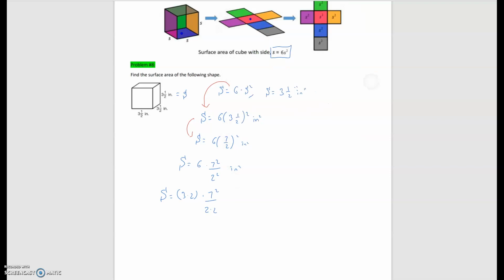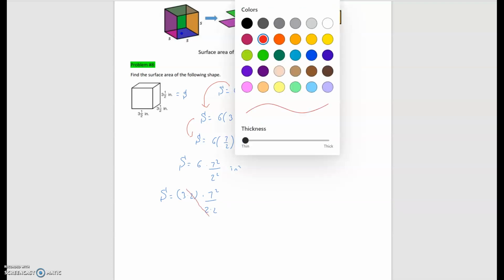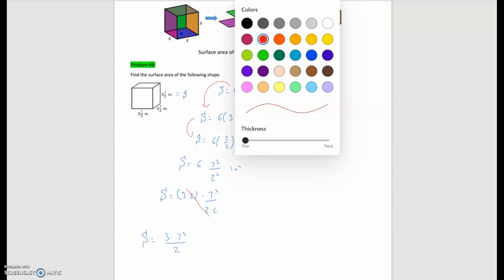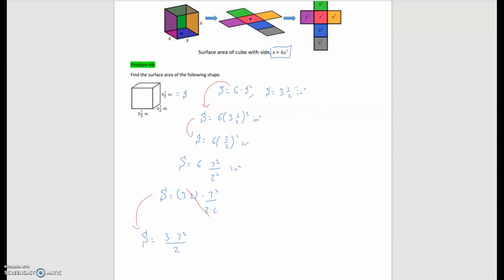And we can cancel a common factor. So we can cancel one of the 2's. And s is equal to 3 times technically 7 squared divided by a 2. And let me check to make sure that there's no errors.